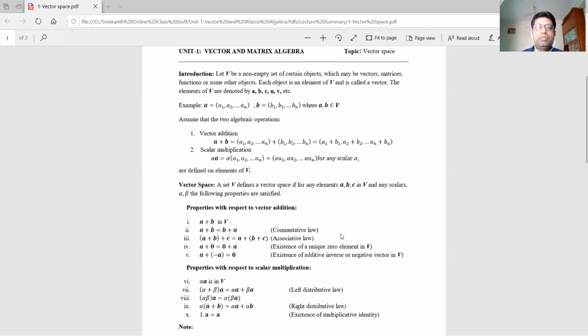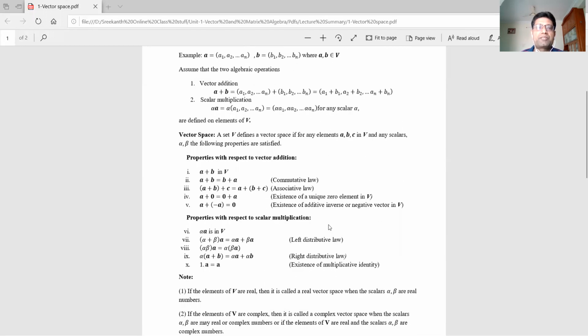Now we will come to the definition of vector space. What is a vector space? A set V defines a vector space if for any elements A, B, C in V, and for any scalars alpha, beta, it satisfies the following 10 properties.